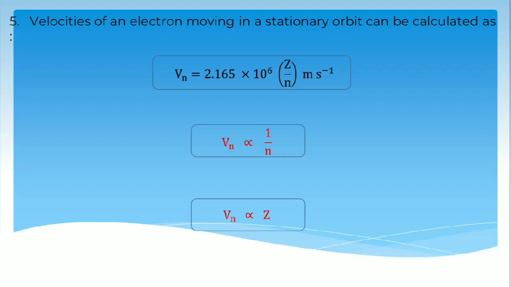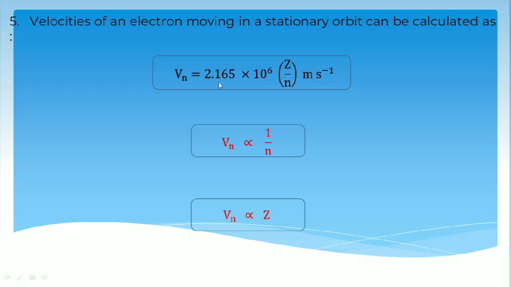So the velocity of an electron moving in a stationary orbit can be calculated according to Bohr's model. Bohr derived an equation to calculate the velocity of an electron in the nth orbit.